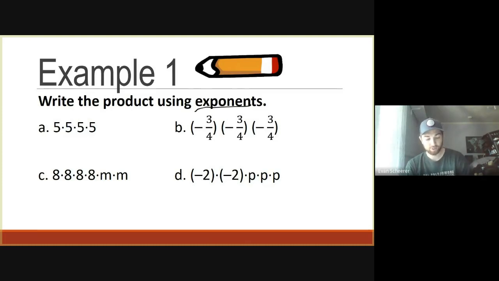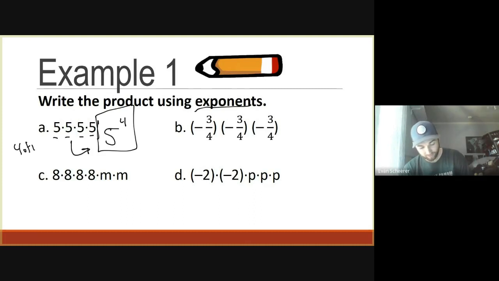So we are doing 5 times 5 times 5 times 5. How many times are we multiplying it? 4. We have our base, which is the number 5, and there's 4 of them. Since there's 4 of them, we put 5 to the 4th.